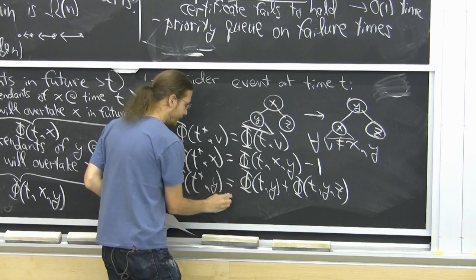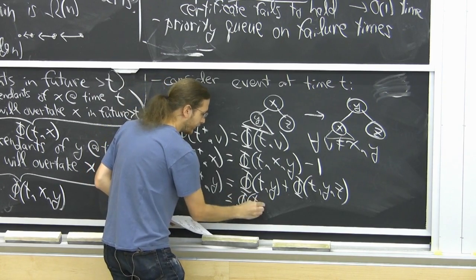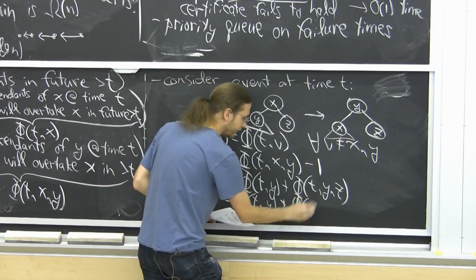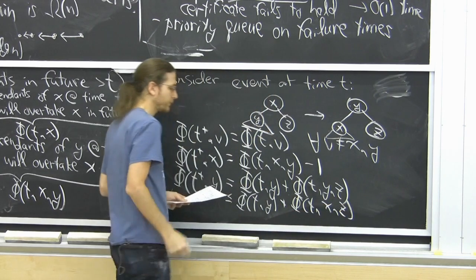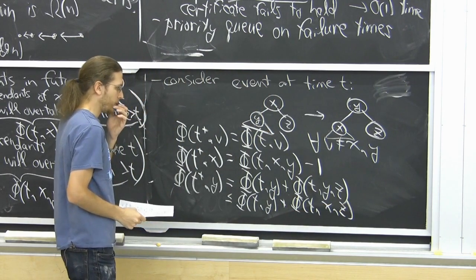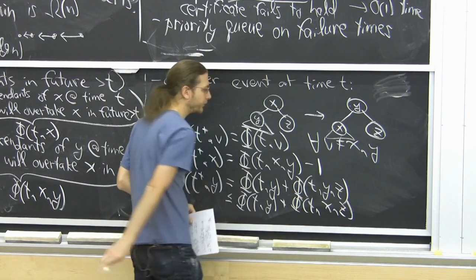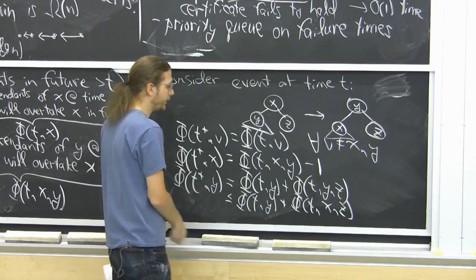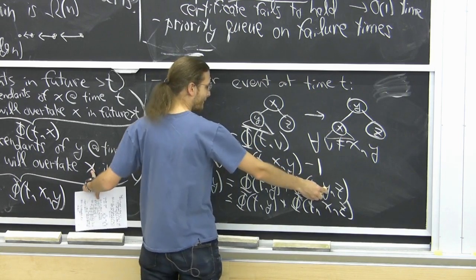So first claim is this is at most this other thing, phi of t x z. I'm just replacing this y with an x. Why is this true? Because this is overtaking y.